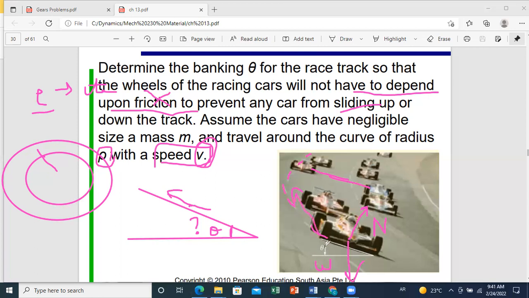But what did they say? You are moving at a constant speed v. You are not accelerating or decelerating. If there is possible friction tangent to your curve, this means you have a deceleration or acceleration effect. Did they mention anything here, or they just say that you are moving at a speed v? No, it's a constant v.